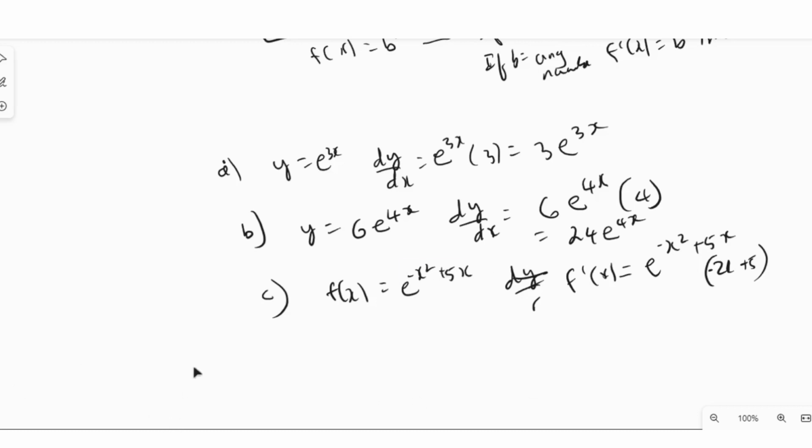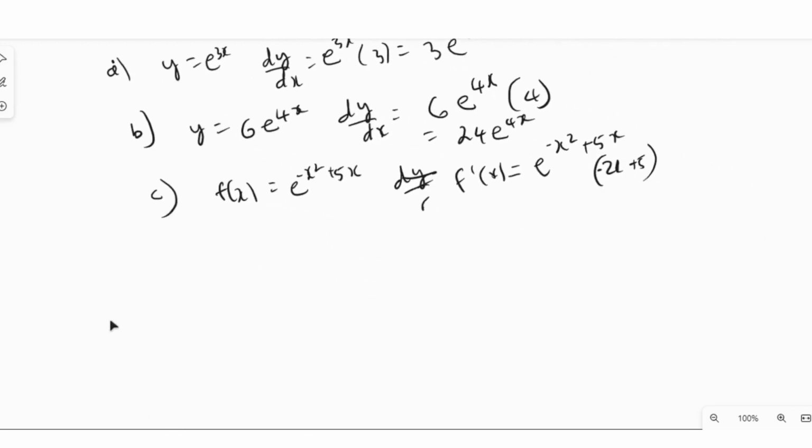If, instead of e, I write b, then we have, D, y equal to 3 to the power of 5x minus 1.